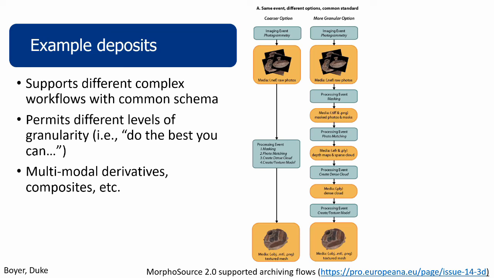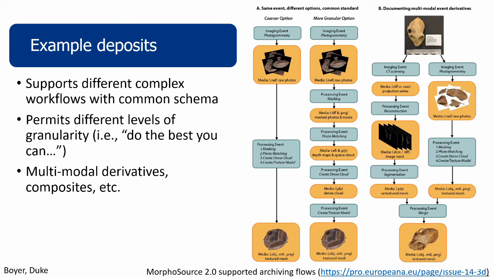In one case we have a coarser option where the researcher just wants the photo collection, then a complex processing event describing all the different steps, and then the final textured model. In the other, more granular option, they've saved all these intermediate data sets and described each processing event. Both of those can be supported through the user interface. You can also describe the creation of multimodal derivatives.